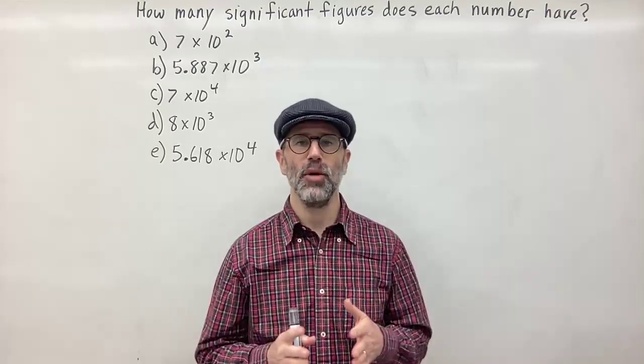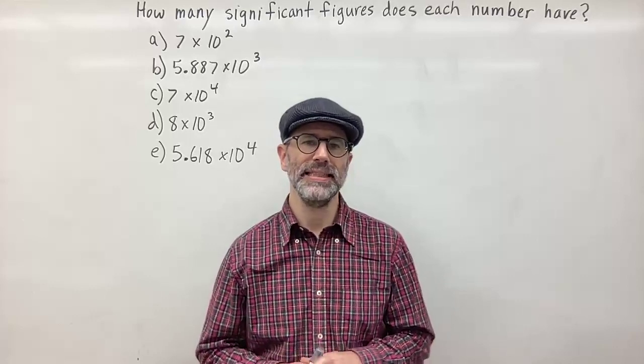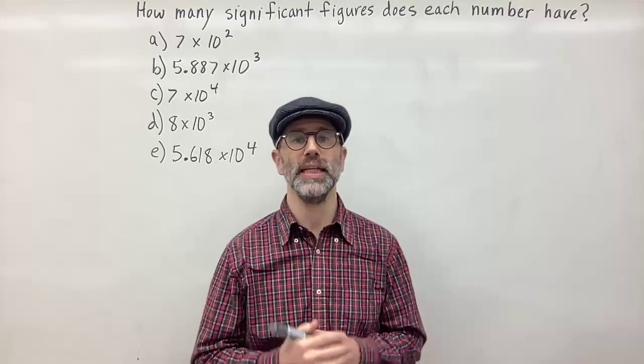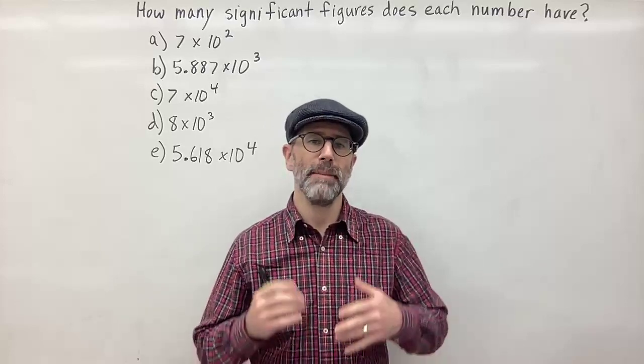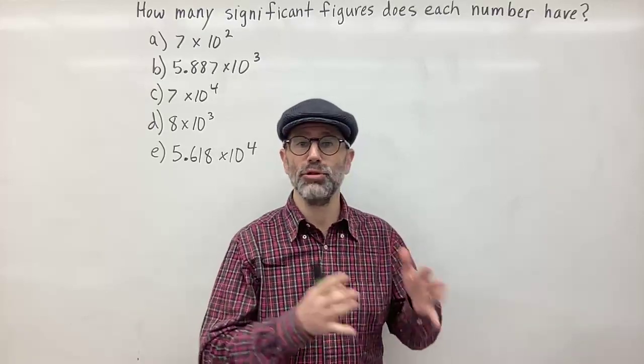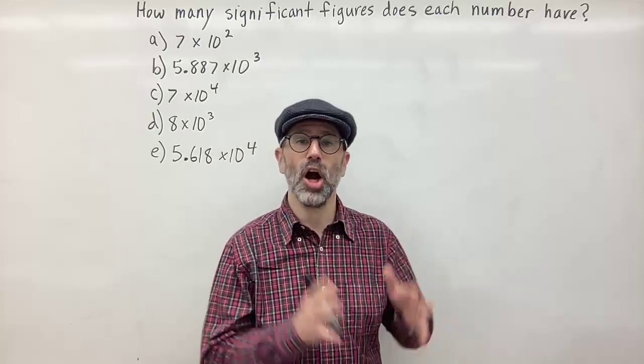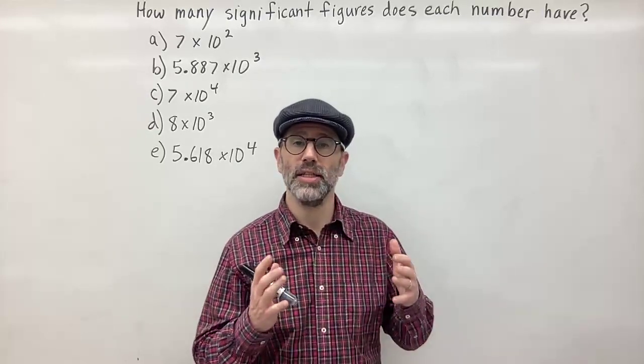The thing you got to know about scientific notation is that it makes determining the number of significant figures really easy, because by putting the measurement into scientific notation, whatever digits are there are automatically significant.